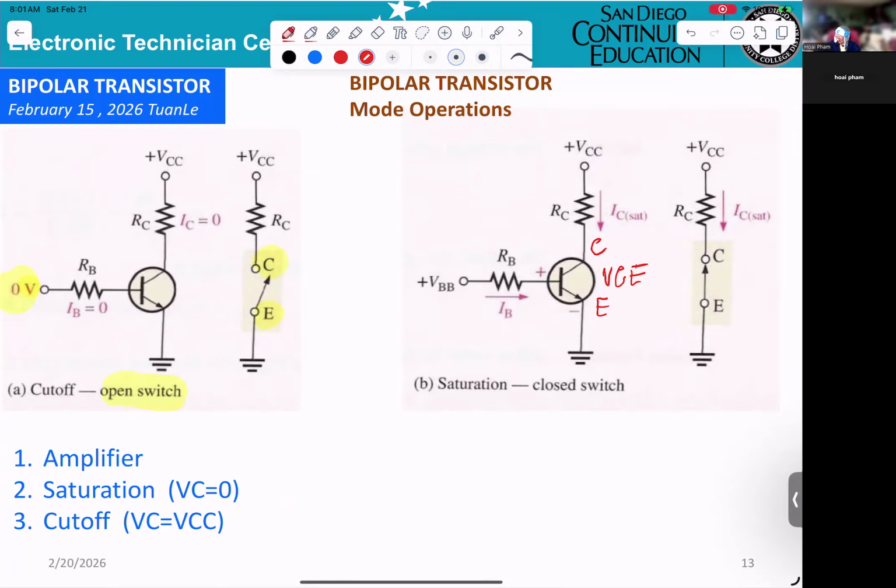So VCE 0 means C and E are the same. That's why this will be used as a closed switch. That is what you can see in your home, when you turn on or turn off the power.